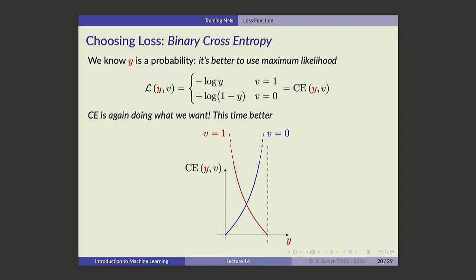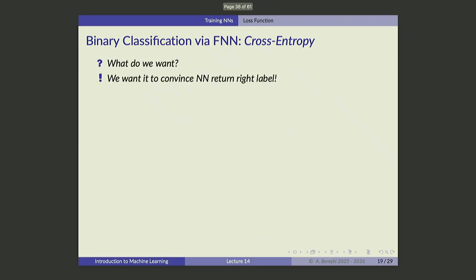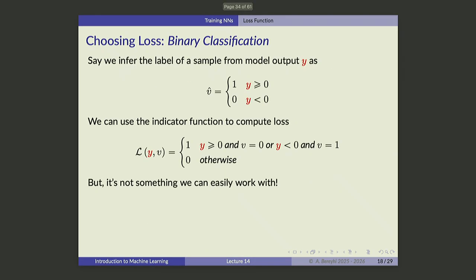Questions? Yes? So the y on this slide is the probability, the output of your sigmoid. The y on the previous slide is computed. Yes, before this I made a mistake. It doesn't change anything. If, instead of putting 0 here, you make it half, it's the same thing.